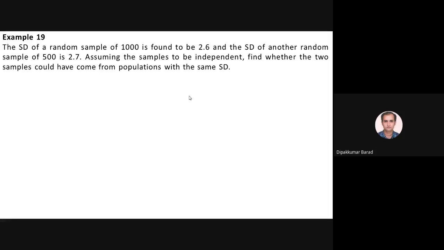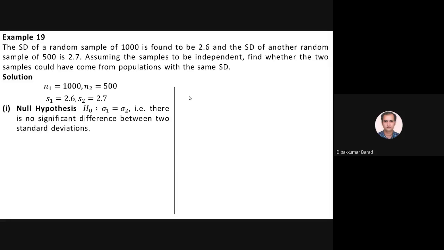Assuming the samples to be independent, find whether the two samples could have come from populations with the same standard deviation. So here we are talking about the same standard deviations. The sample sizes n1, n2 are 1000 and 500, and S1 and S2 standard deviations are given as 2.6 and 2.7. Now the null hypothesis: sigma 1 is equal to sigma 2.